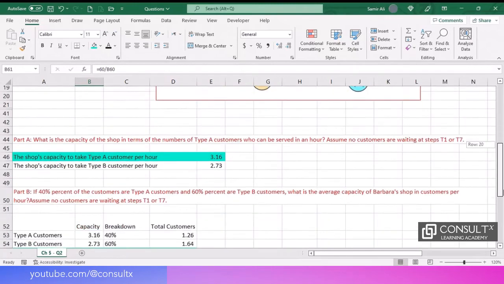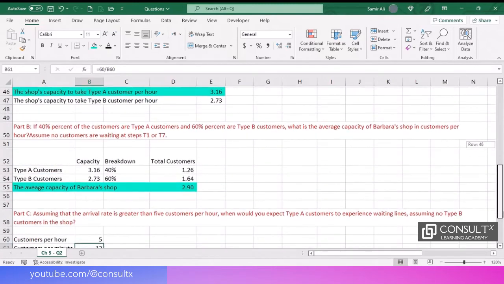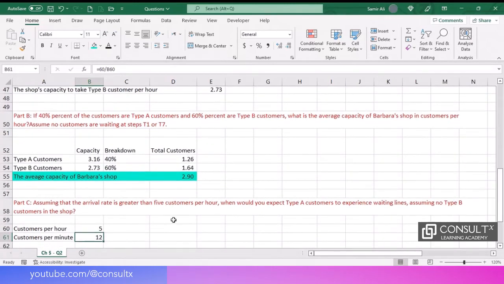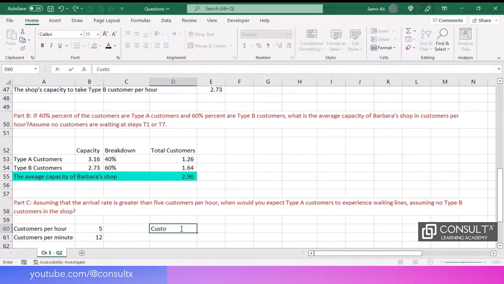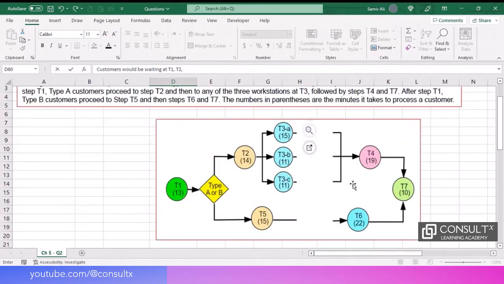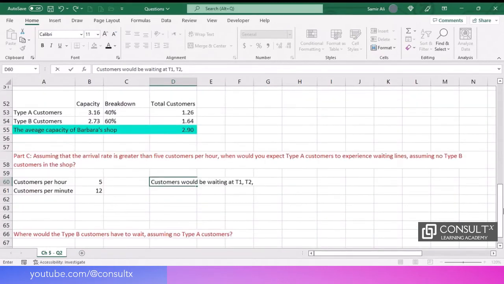So our answer would be customers would be waiting at T1, T2, T4.